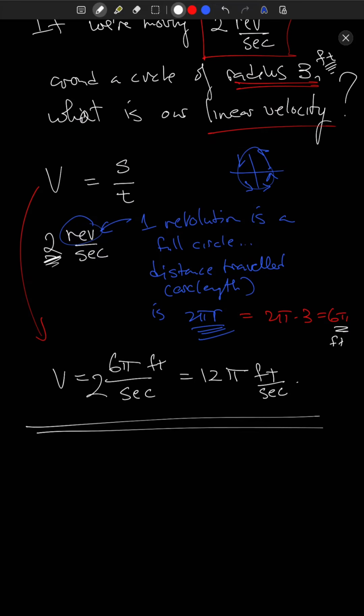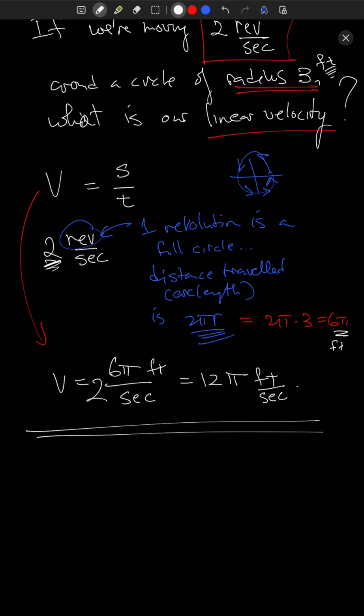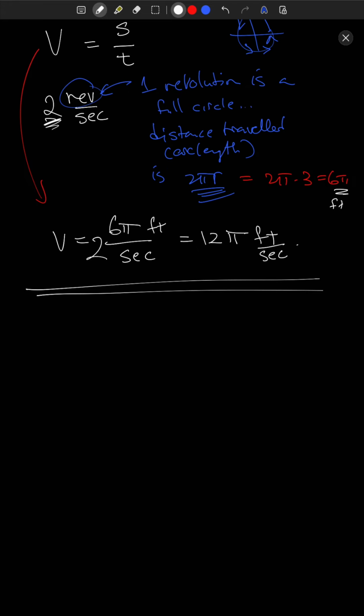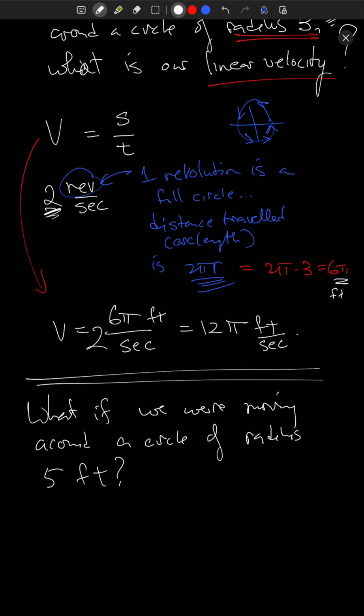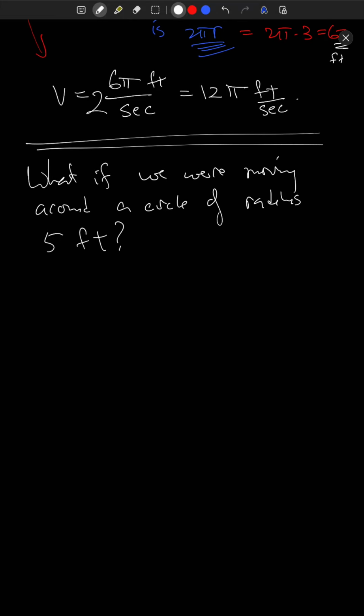So now here's something interesting. What happens if we change our question to what if we were moving around a circle of radius 5 feet instead of 3, but with the same revolutions per second, the same angular velocity?